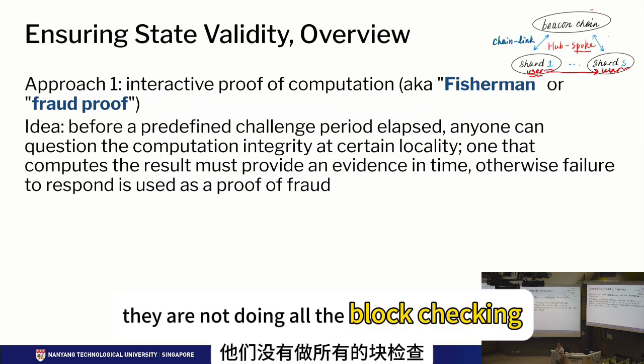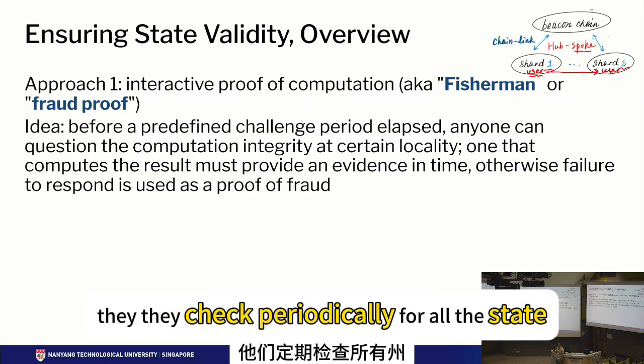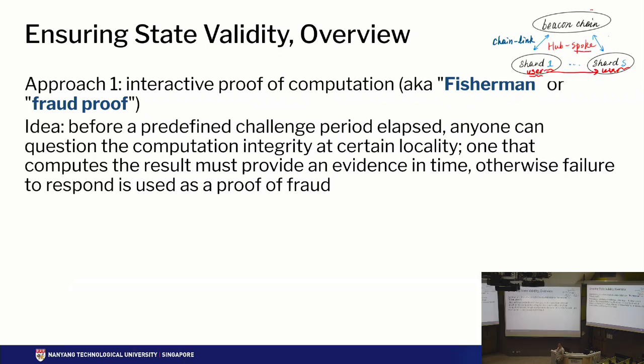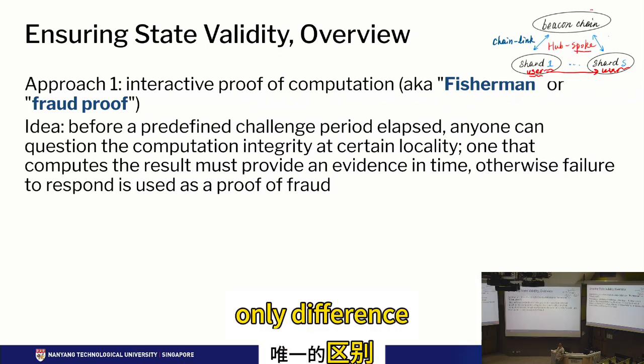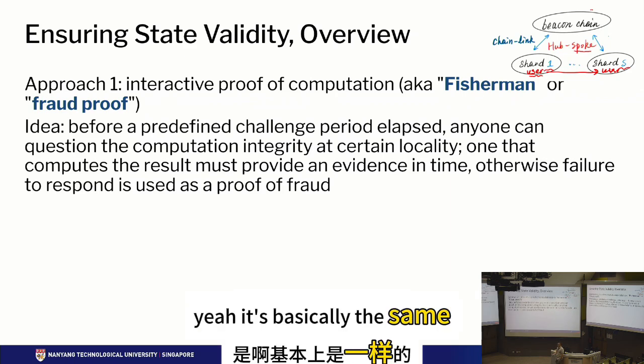They are not doing all the block checking. But for Near Protocol, they check periodically for all the state, because no one guarantees the security other than them. That's the only difference. But from the algorithm perspective, it's basically the same.